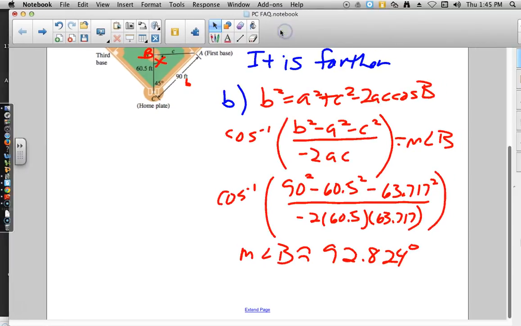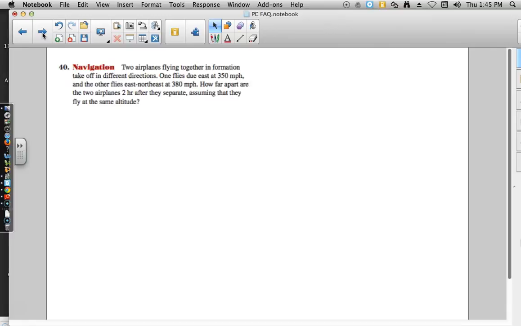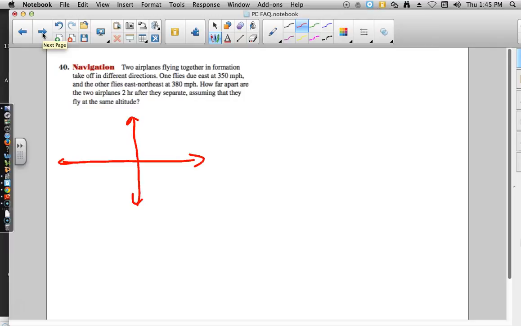Next up on your list, we have number 40, which is just a very strange little problem here. It says, two airplanes flying together in formation take off in different directions. One flies due east at 350 miles per hour.